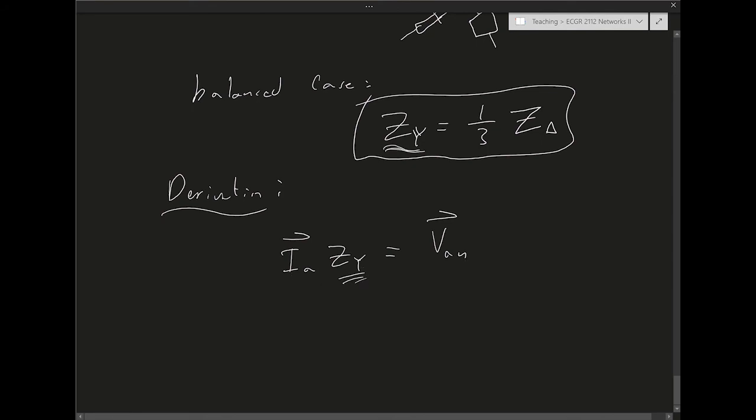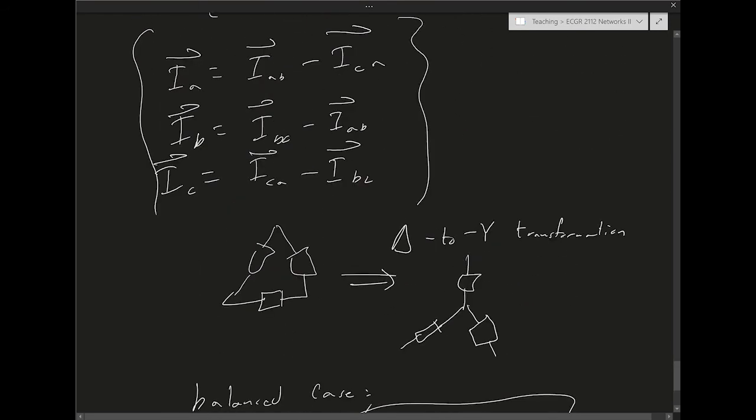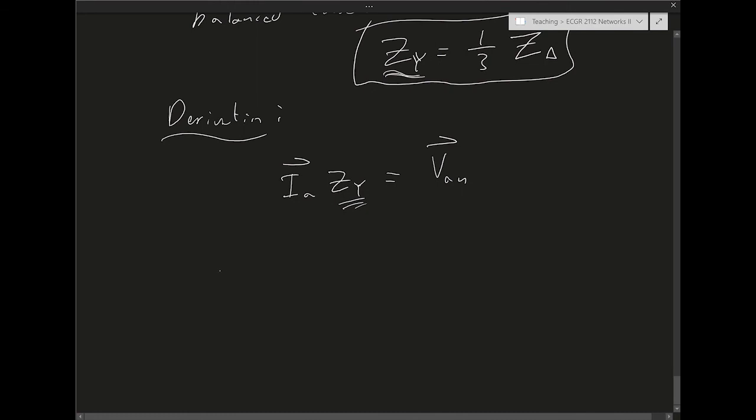But I know already what IA is from this equation, right? So IA is going to be IAB minus ICA times ZY equals VAN.